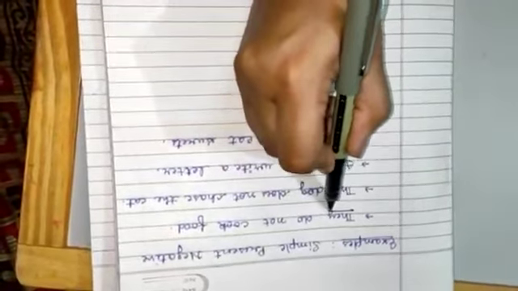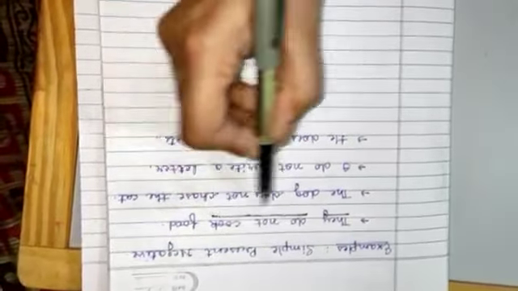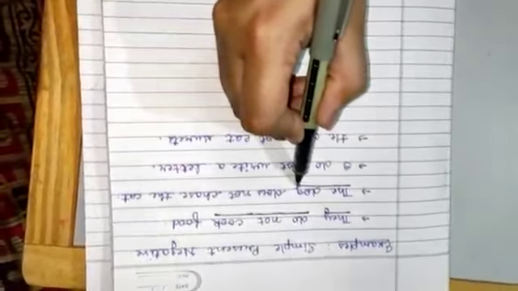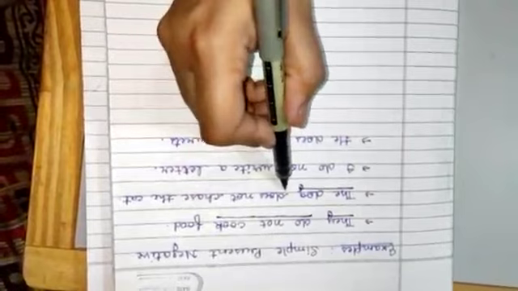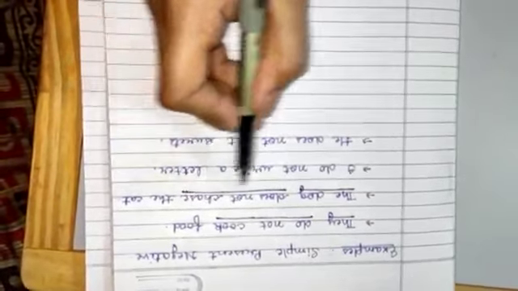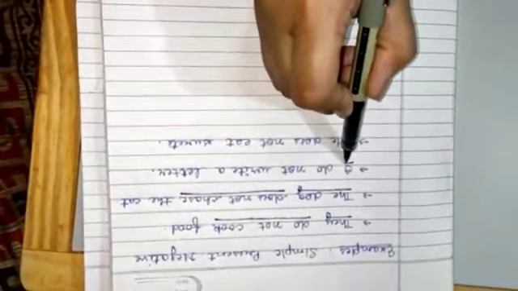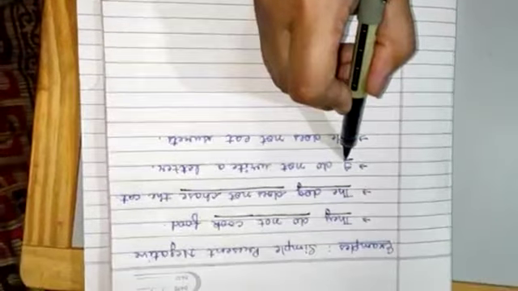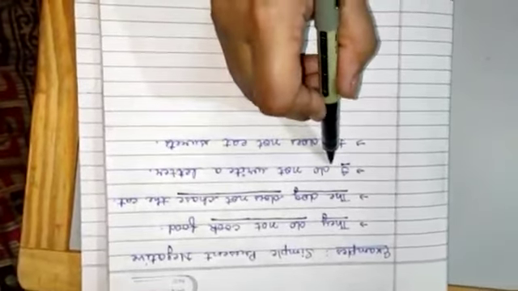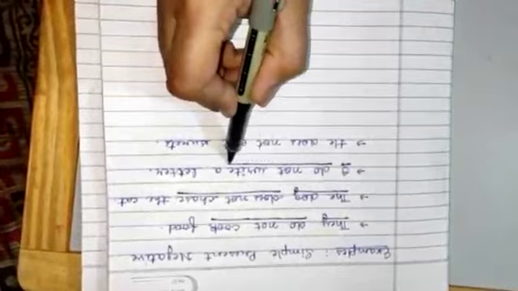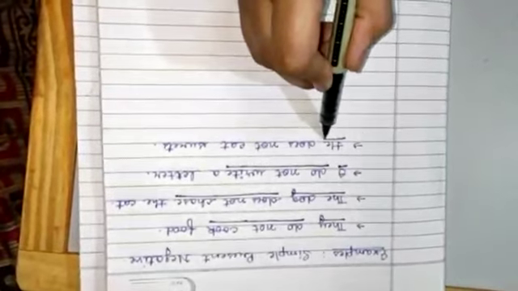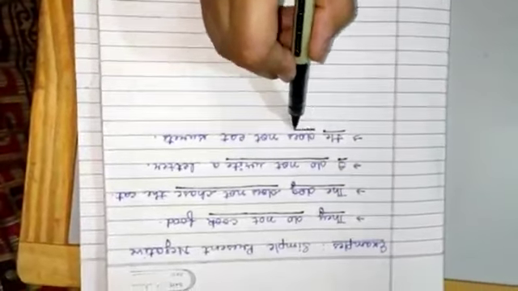They is the plural subject, so we have used do not cook. The dog is the singular subject, so we have used does not chase. I, in simple present we consider it as a plural subject, so we have used do not write. He is the singular subject, so we have used does not eat.